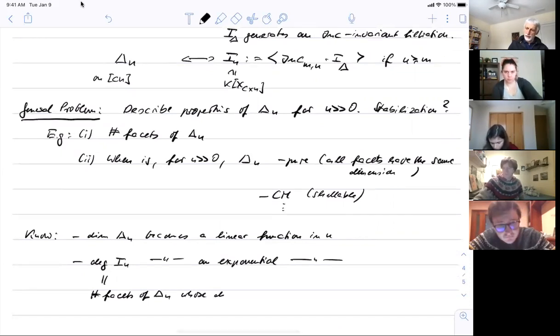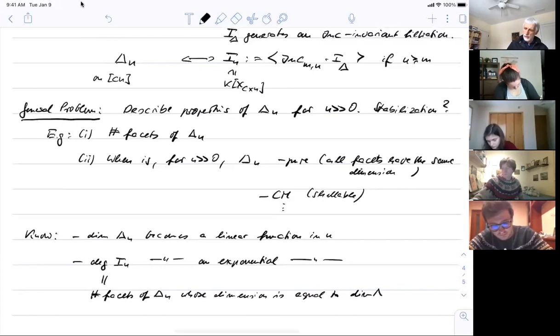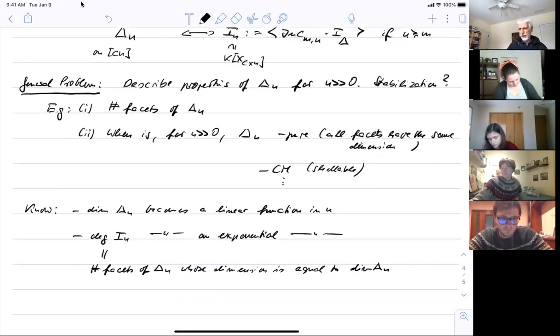So in other words, the dimension is equal to the dimension of the simplicial complex. Or you could think of this intuitively as the volume of this complex.